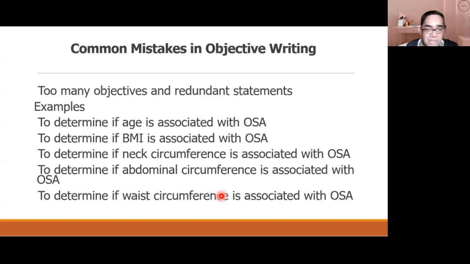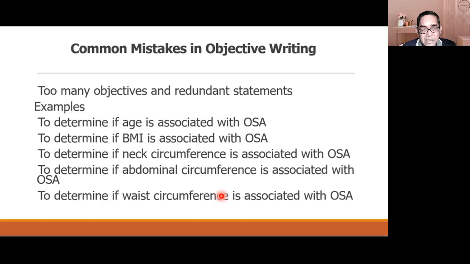Too many objectives and redundant statements: to determine if age is associated with OSA, to determine if BMI is associated with OSA (OSA is obstructive sleep apnea), to determine if neck circumference is associated with OSA, to determine if abdominal circumference is associated with OSA.